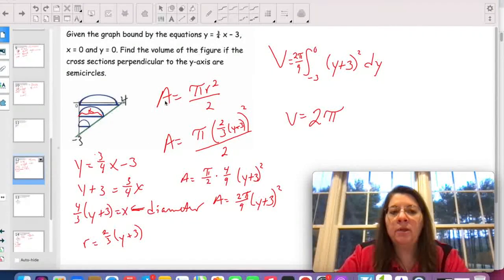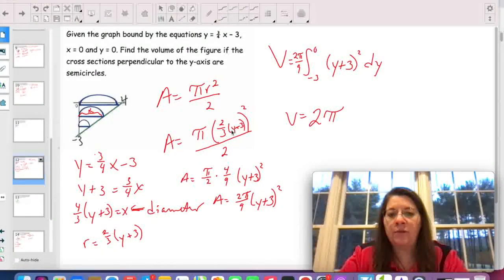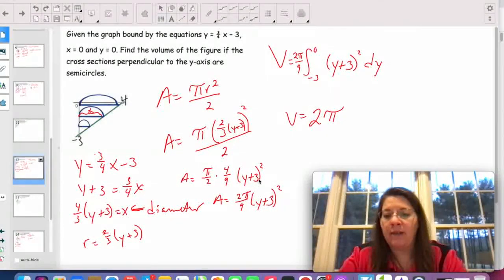We know the formula for the area of a semicircle is pi r squared over 2. I know now that my radius is 2/3 y plus 3. And I need to square that radius. I put this 2 underneath pi, made it pi over 2. I squared 2/3, making it 4/9. And y plus 3 squared, I just leave as y plus 3 squared.